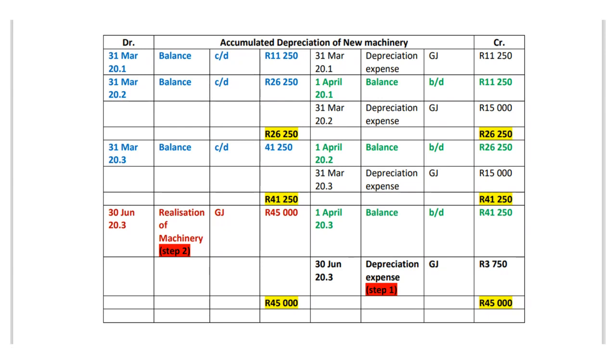Remember, your balance carried down that was posted on the debit side becomes your balance brought down on the credit side of your accumulated depreciation account, which is 11,250. And then in year two, our depreciation that we've calculated already was how much? 15,000 rand.